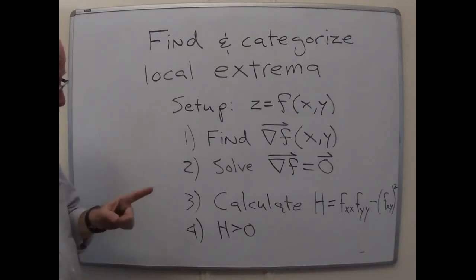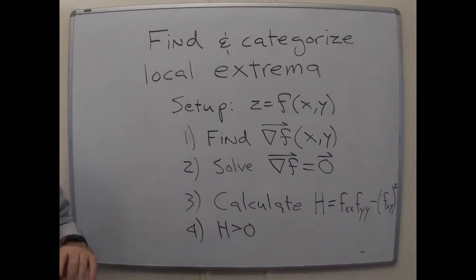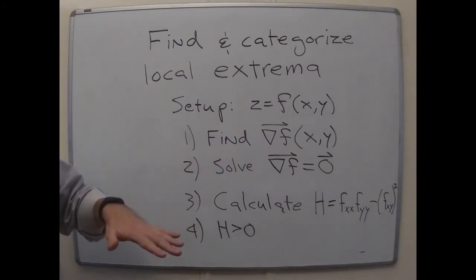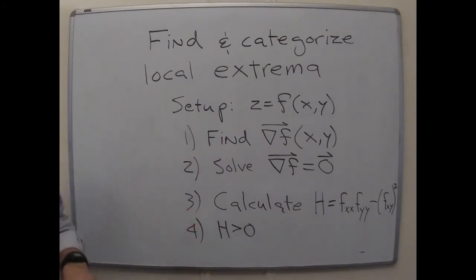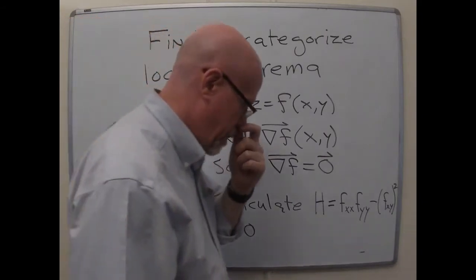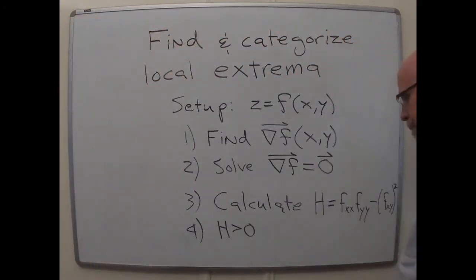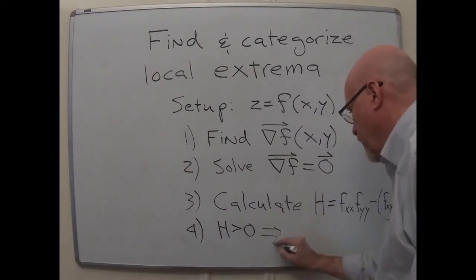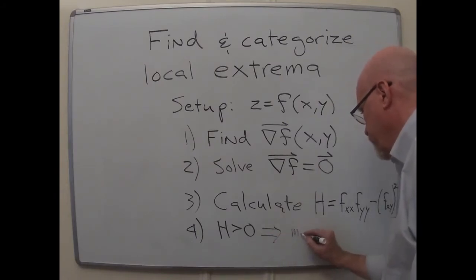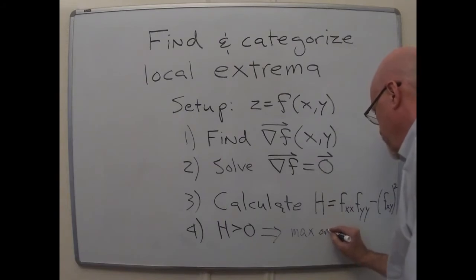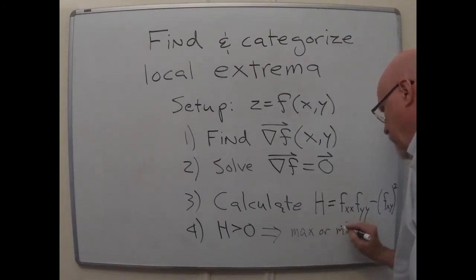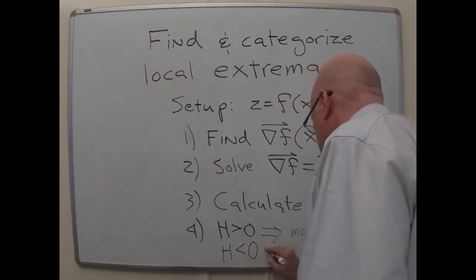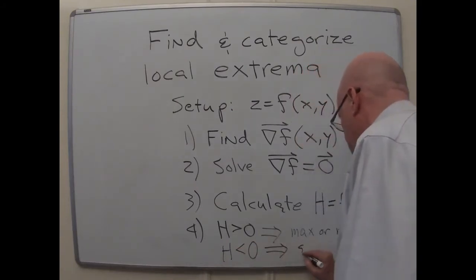But if it's negative, you're at a saddle point, the place where it's neither a max nor a min, like the spot in between two mountains that I showed in the last contour plot thing. So if h is greater than 0, you're at a max or a min. If h is negative, that tells you you're at a saddle point.